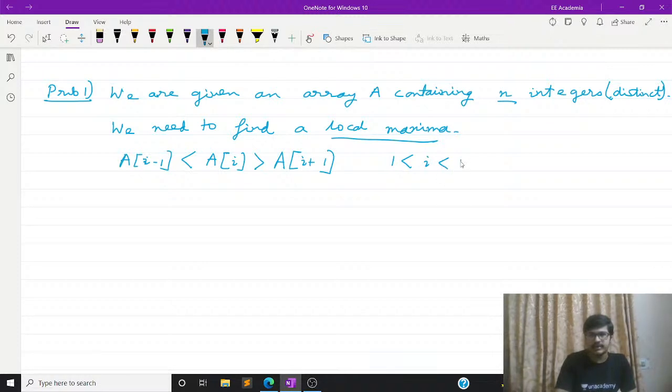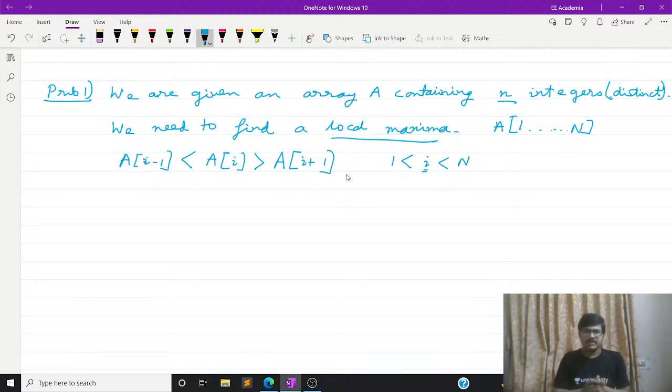So if the array is a1 all the way up to an, the n elements of the array, then for any intermediate index, the local maximum would be an element where the previous element is smaller than it and the next element is also smaller.